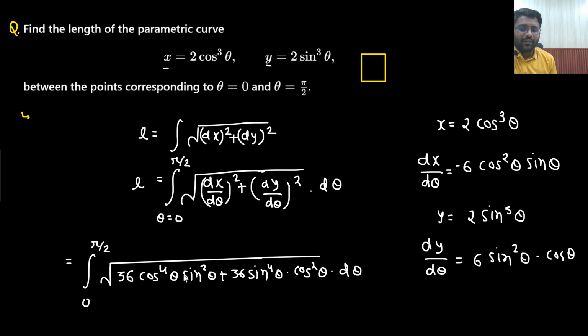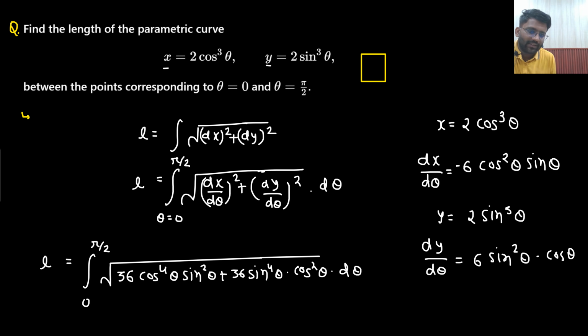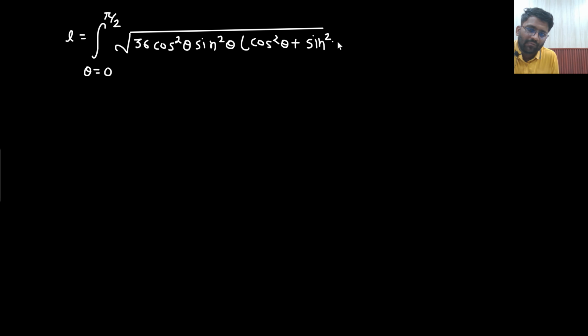Right? So what you can do is take 36 sin square theta cos square theta outside. So the length equals theta going from 0 to pi by 2, under root, 36 cos square theta sin square theta outside. Inside, from here you will get cos square theta and from here sin square theta, so this part would become 1 only.